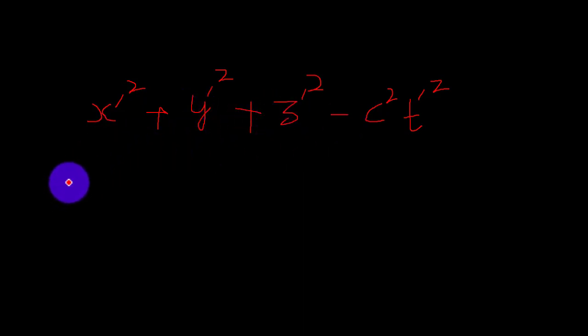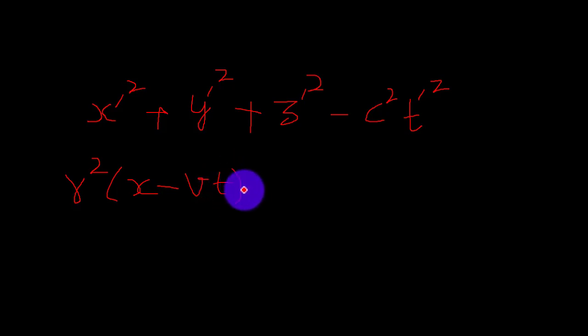Substituting the value of x prime, it is gamma, and as there is a square, gamma square into (x minus vt) square. You may also try it. Just keep a pen and paper with you and try it on your own.